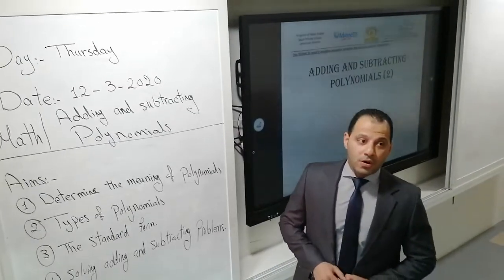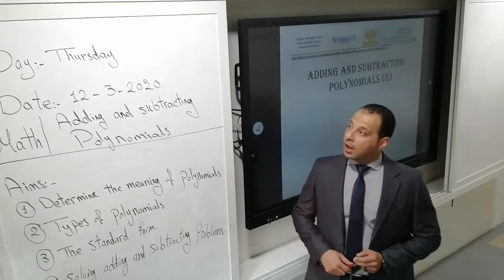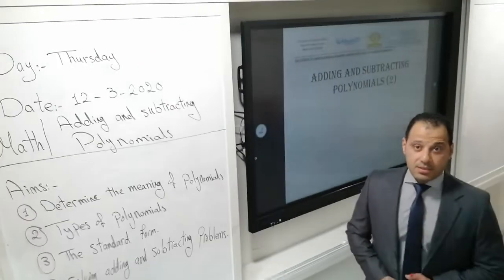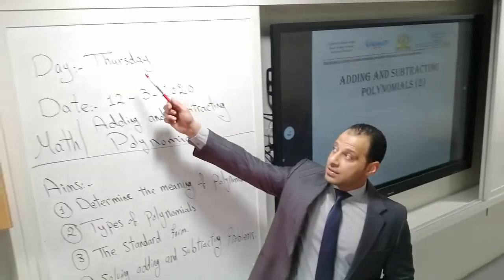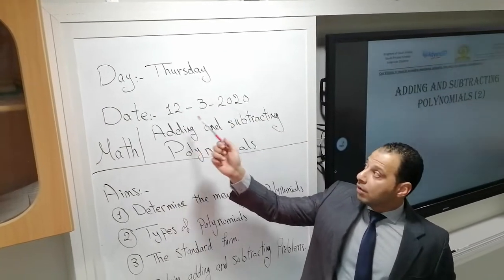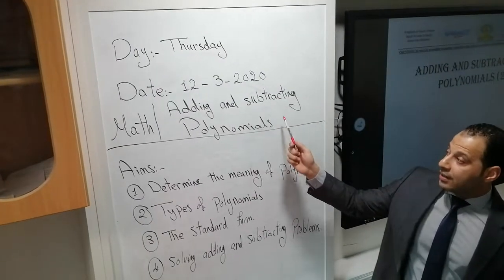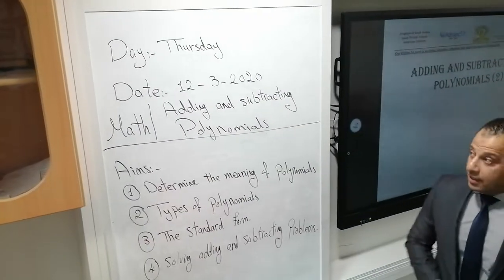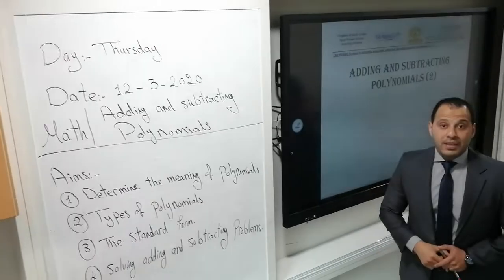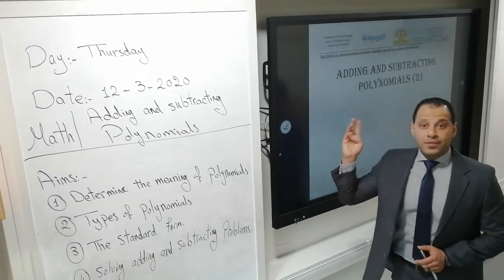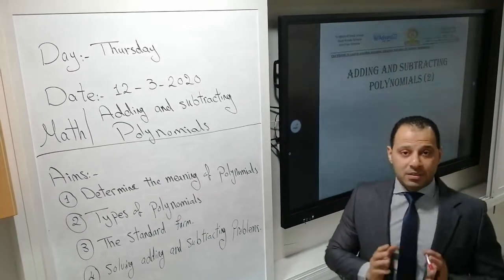Let's start our first session with mathematics. As you know, today is Thursday, 12/3/2020. Adding and subtracting polynomials. Adding and subtracting polynomials is talking about two of the four main operations in mathematics.